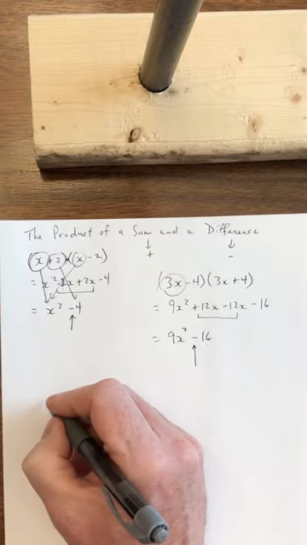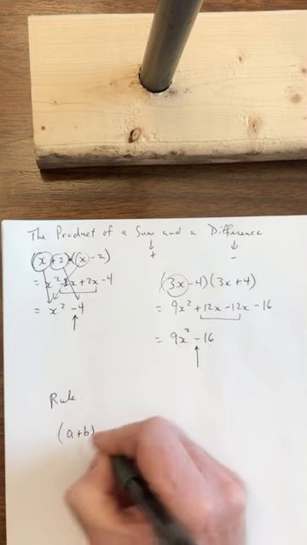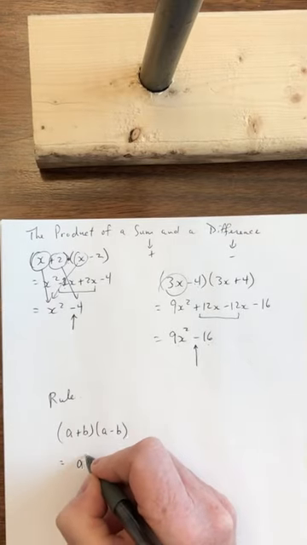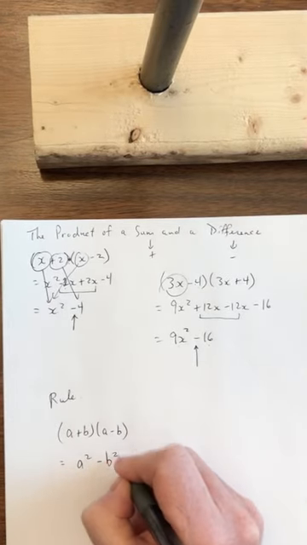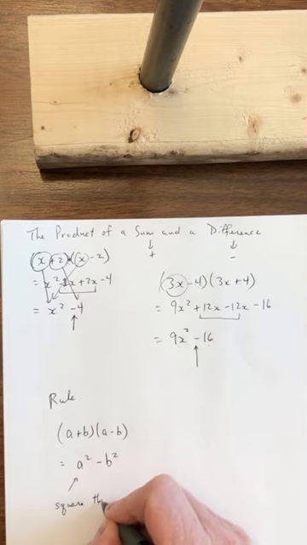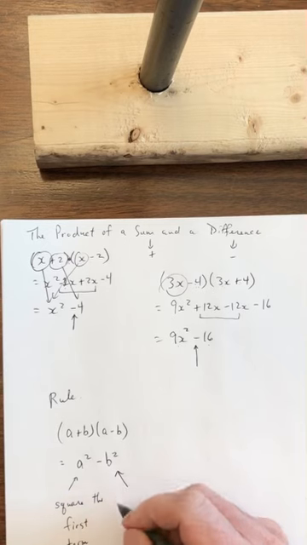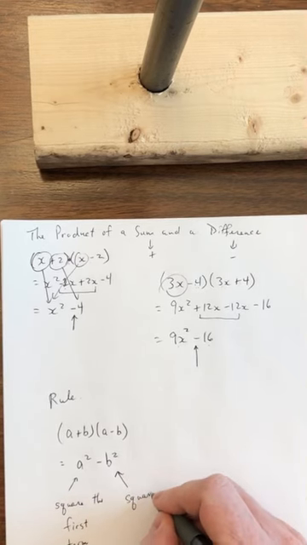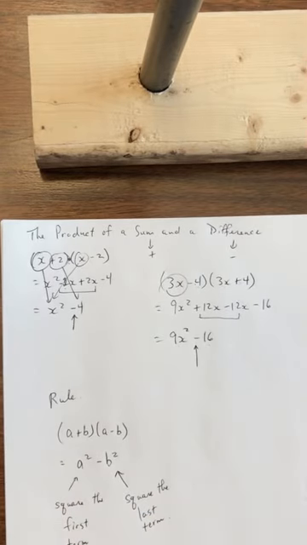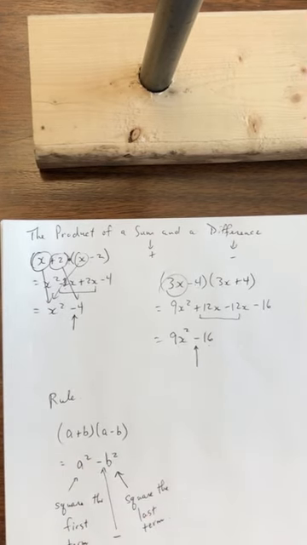So our rule here is if we are doing a plus b and a minus b, we are going to get a squared minus b squared. So you square the first term and you square the last term, and it will be a subtraction every time.